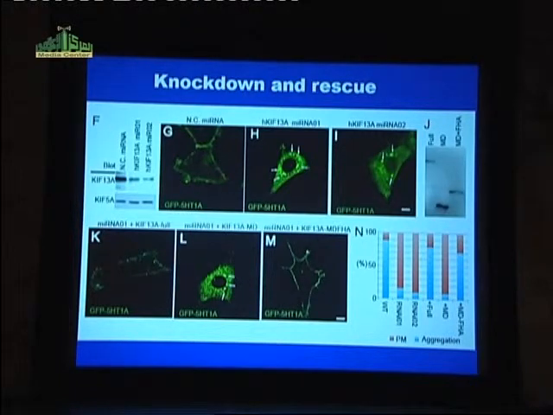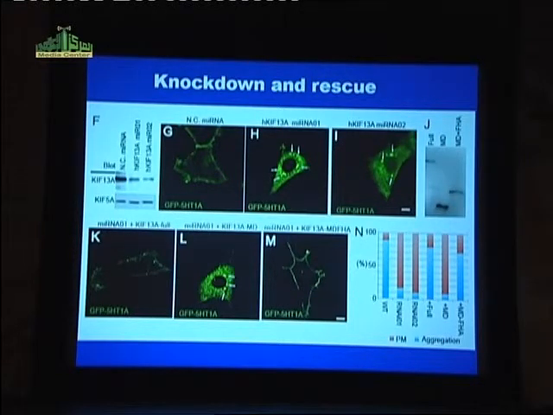This is the GFP serotonin 1A receptor, which tends to localize on the surface membrane. But with knockdown, if you knock down KIF13A, the serotonin receptor tends to accumulate in the cell center.